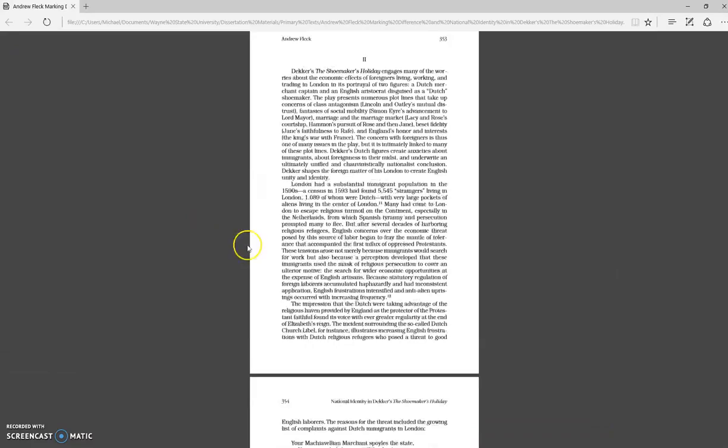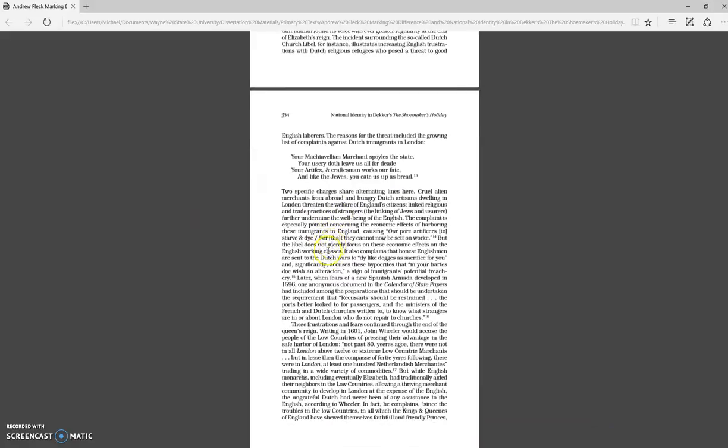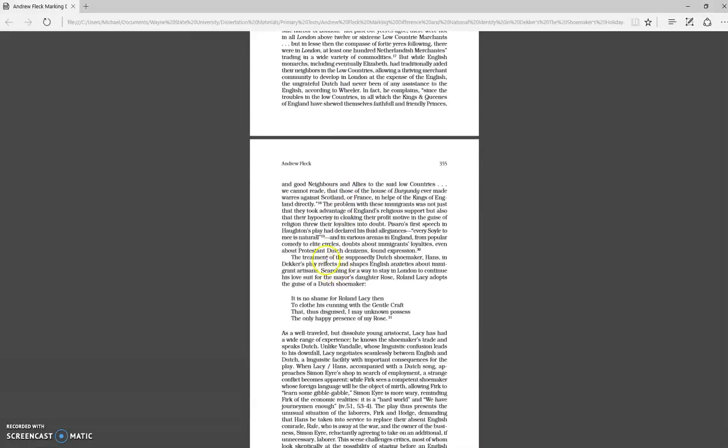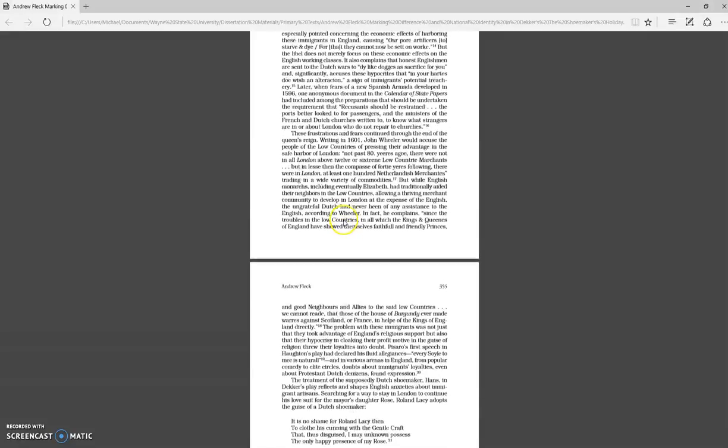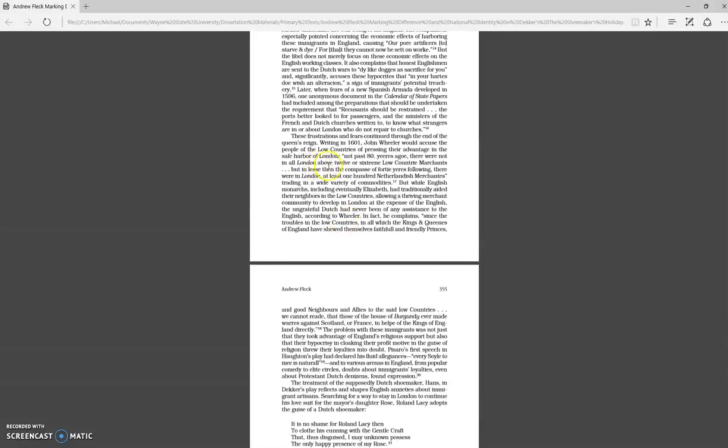Long descriptive paragraphs. What else? More quoting. We see complex sentence structure, so it's not just short, choppy sentences. We've got long descriptive sentences that flow nicely together. So, long descriptive sentences.